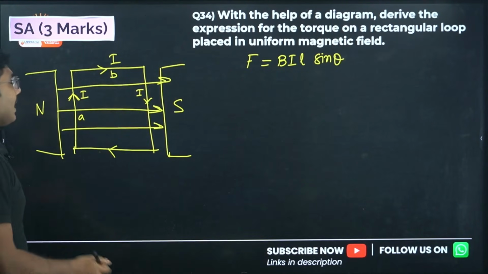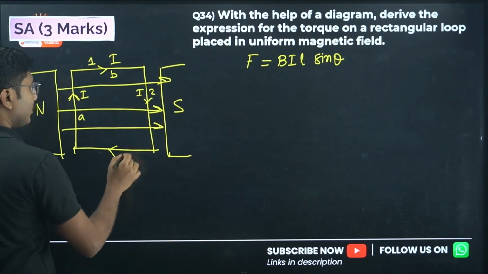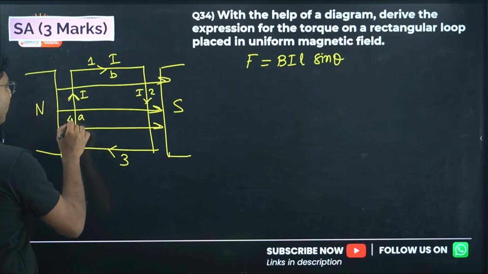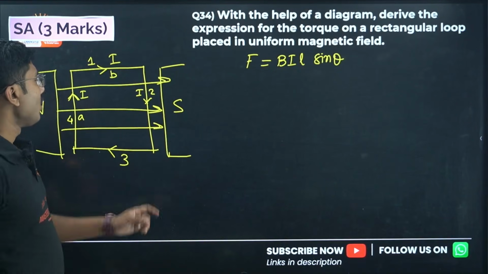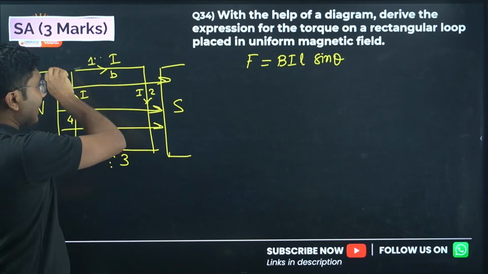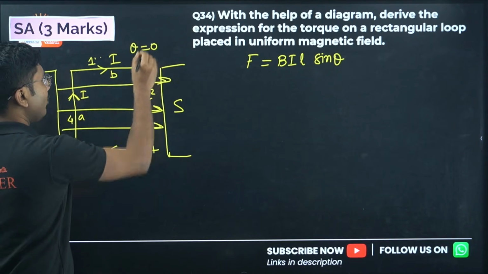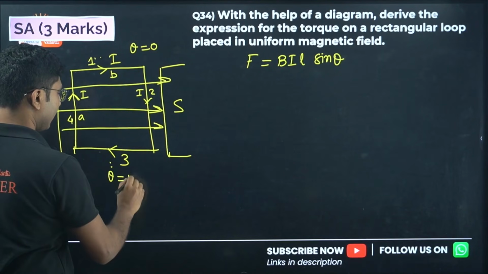Now if you see the wires, say this is 1, this is 2, this is 3, this is 4, the 4 sides of the rectangle. For wire 1 and wire 3, the angle theta is 0 in one case and 180 degrees in the other.